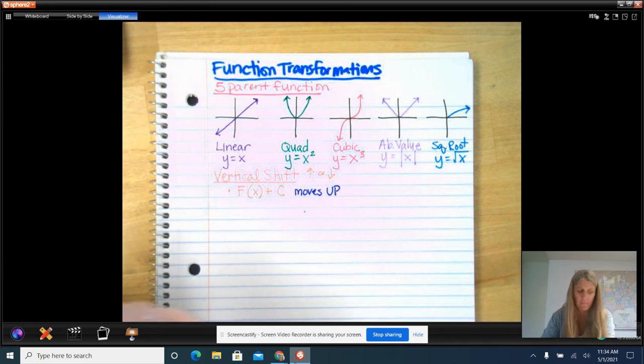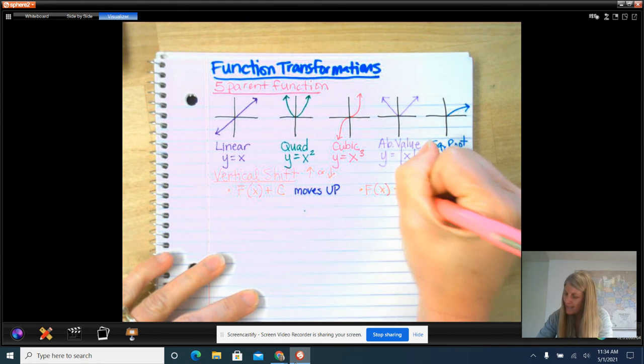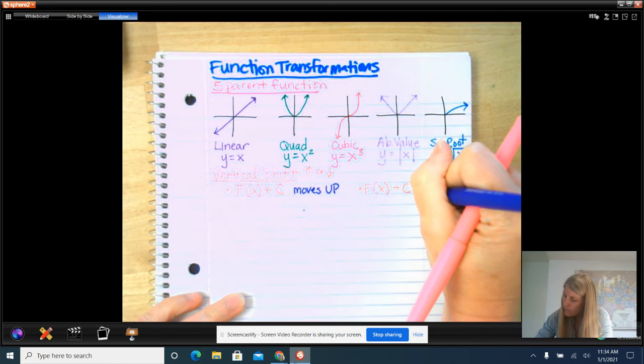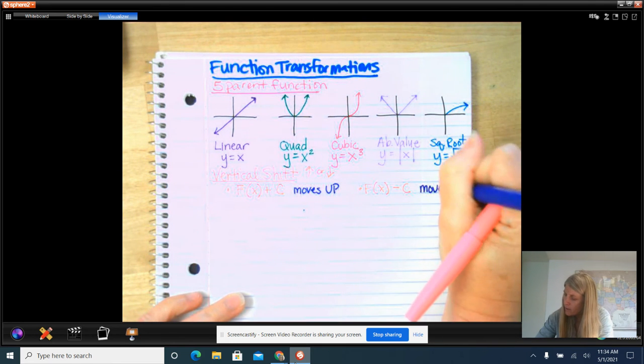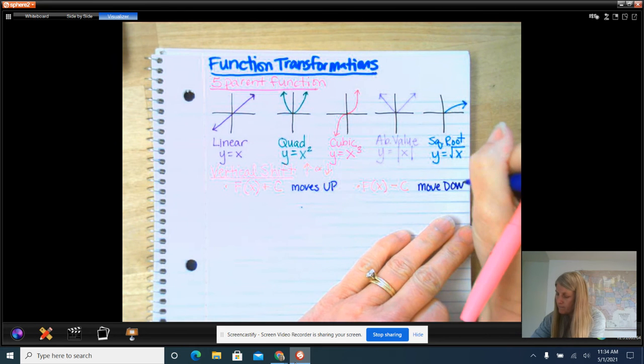Now, if you have a plus c, that is going to move it up. However, if we have f of x minus c, and c is the number that you're moving, that transformation is going to be down.